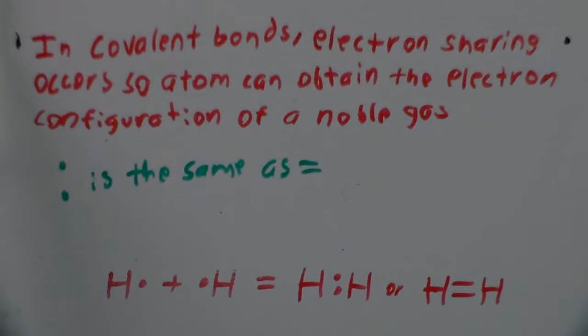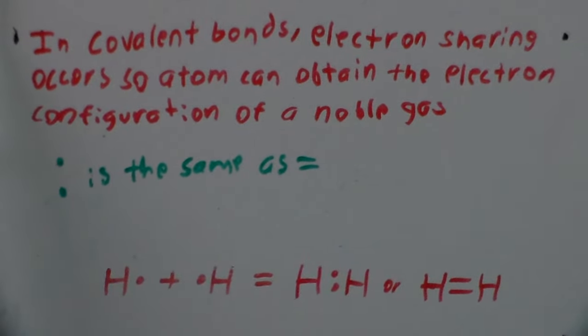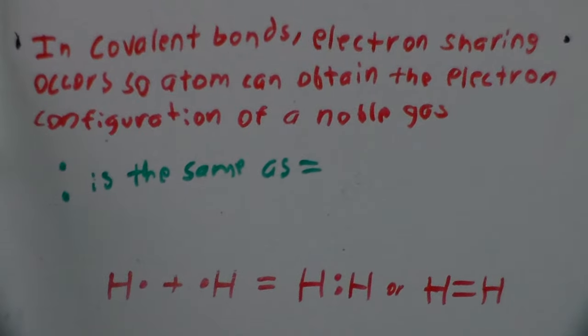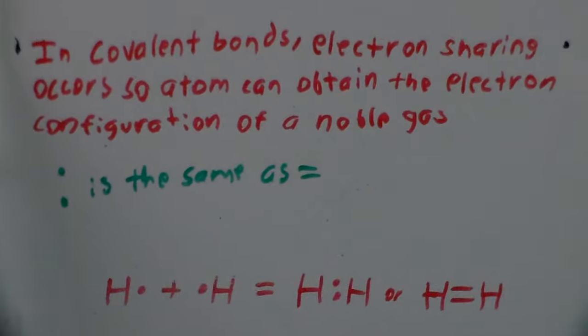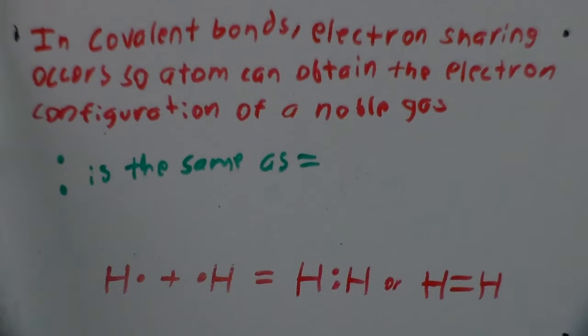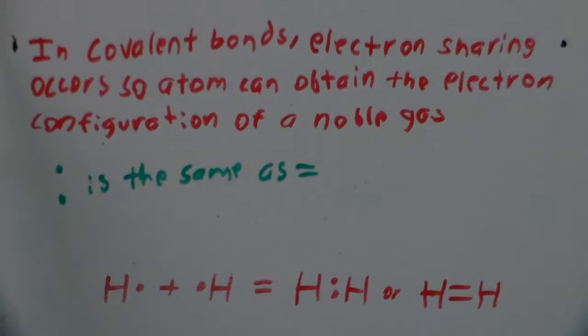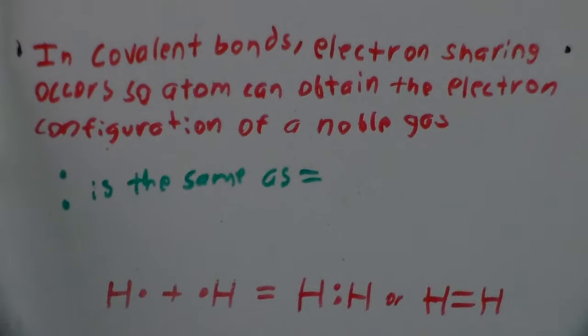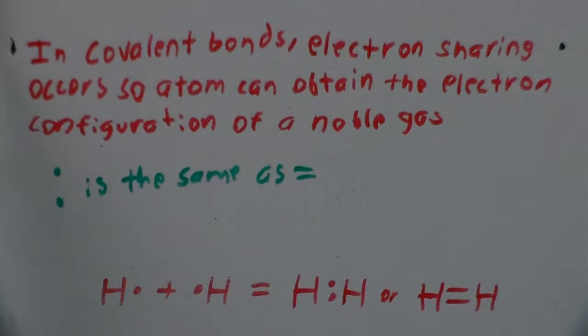In covalent bonds, electron sharing occurs so atoms can obtain the electron configuration of a noble gas. And take note that the two dots on top of each other mean the same thing as two lines connected to each other.